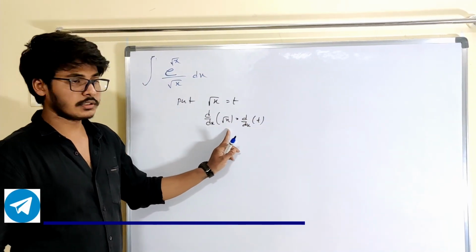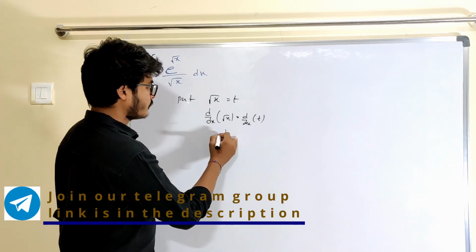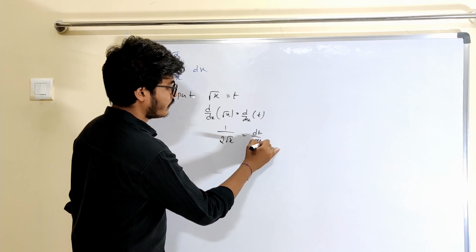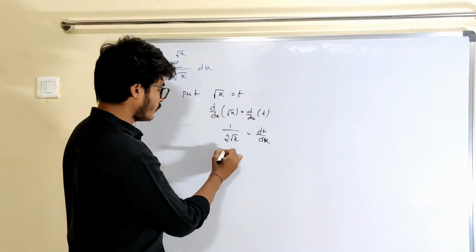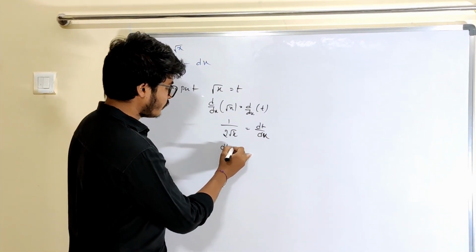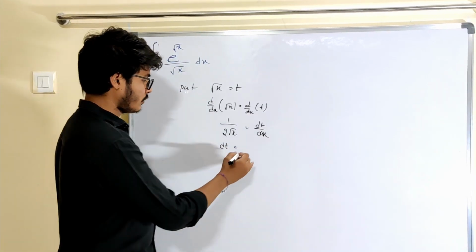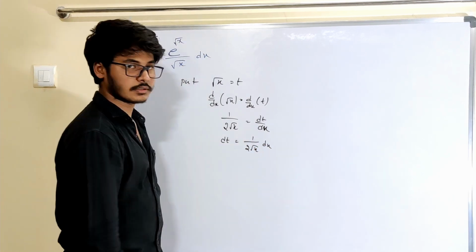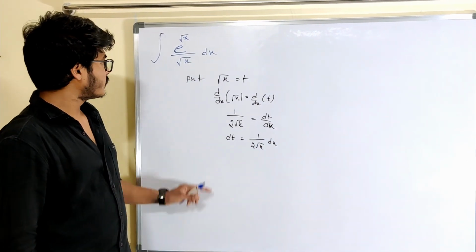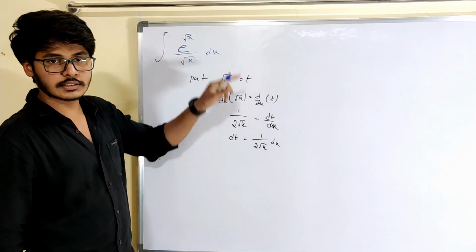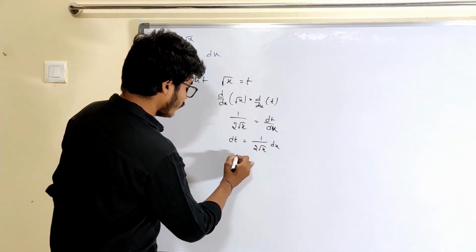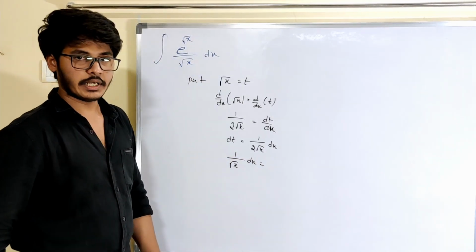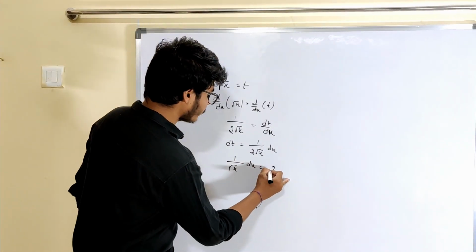We know d by dx of root x is 1 by 2 root x, which is equal to dt by dx. So dt can be written as 1 by 2 root x into dx. As you can see here, 1 by root x into dx is there. So 1 by root x dx can be written as 2 dt.